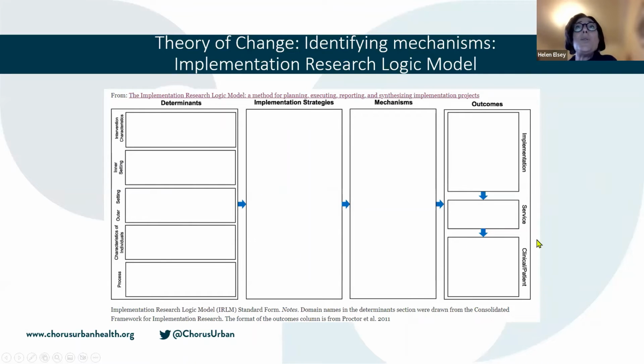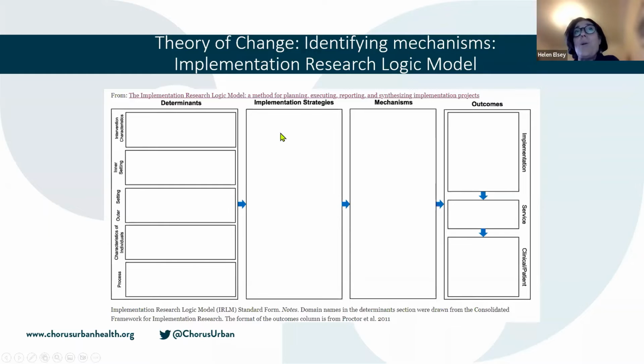So it's a useful framework to get your thinking straight. And again, it's something you can do with your stakeholders. So it's a shared exercise. They're really on board and help you identify particularly what these implementation strategies will be.